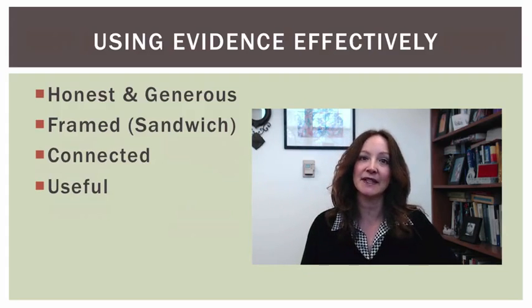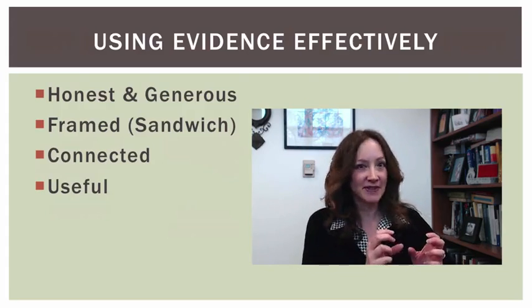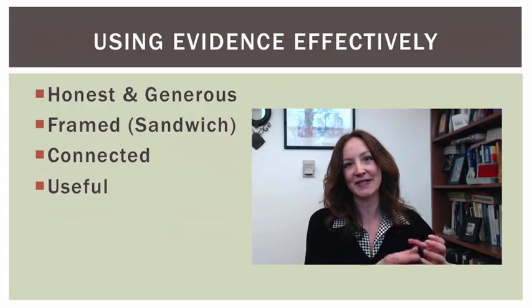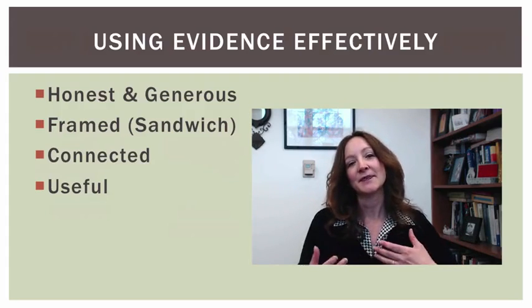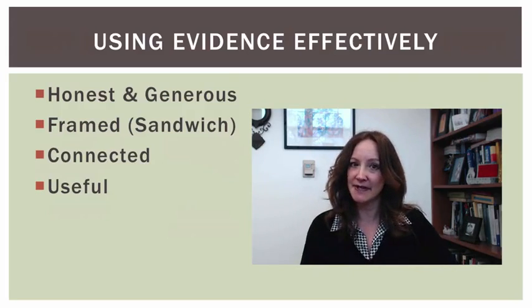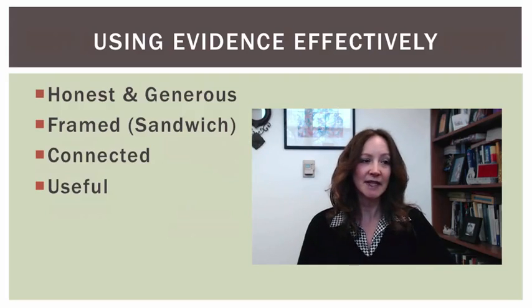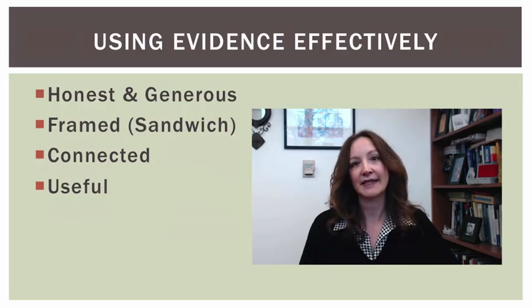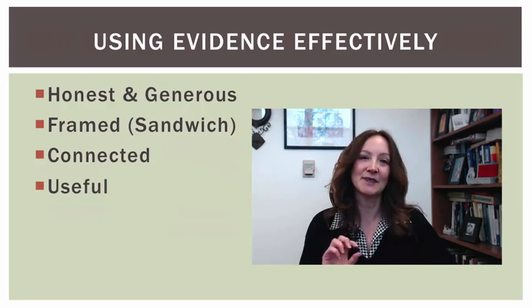In academic writing, you don't want to try to catch people with the 3 words of one sentence that they said that maybe works against a larger point. So you want to try to be as honest as possible and also as generous as possible. So it's quite reasonable for you to take other writers to task for arguments that they make, but you wouldn't want to nitpick about every single sentence or small sentences.